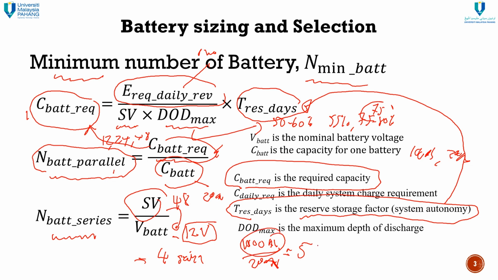Usually it's not this beautiful a value. If you get 979 over 200, maybe 4.7, which is close to 5, so it's rounded up. If we round down, there will not be enough storage capacity for the system.